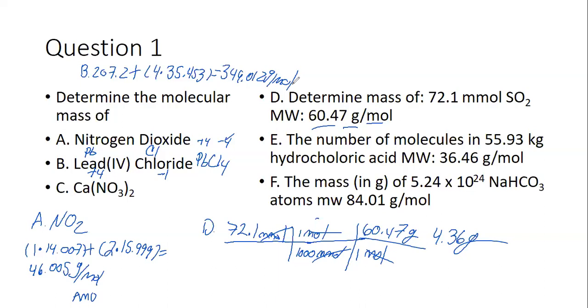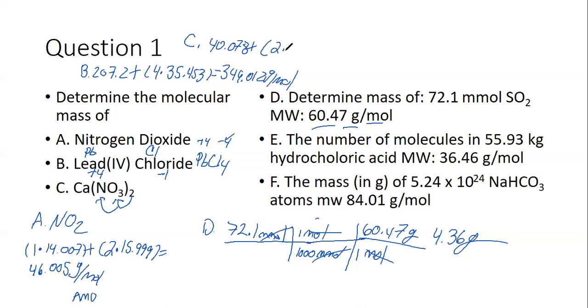So C now. C gets a little trickier because we have parentheses, but we already did problems in class to figure out what to do with that parenthesis. And just remember, you distribute the 2 to everything inside the parentheses. So Ca(NO3)2, calcium, element 20. So we have 1 calcium, and the weight of calcium is 40.078 plus, well, we have 2 nitrogens.